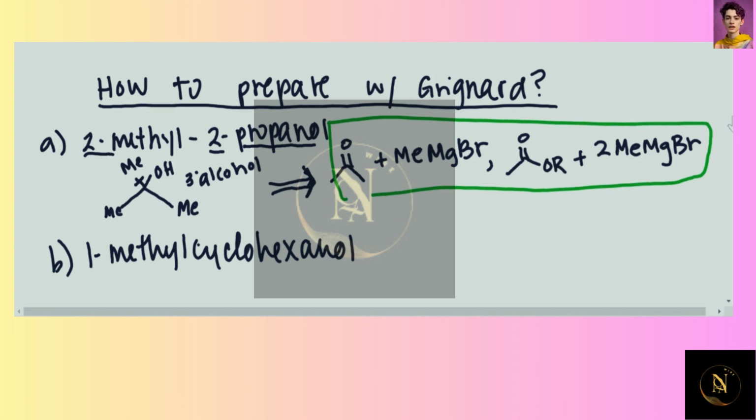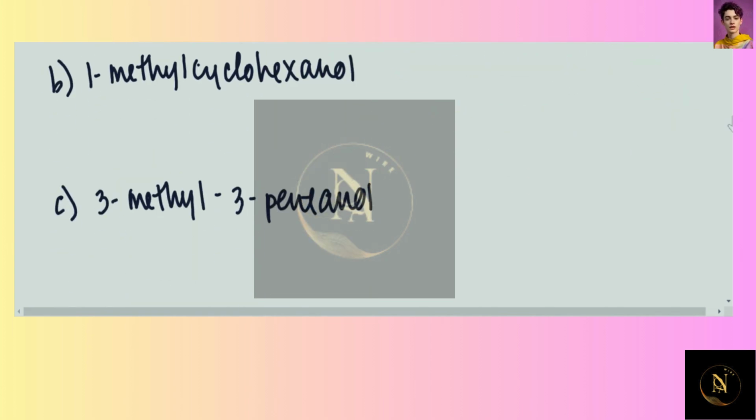So let's move on to B. In B, we have 1-methyl cyclohexanol. Cyclohexan means a 6-membered ring, ol means alcohol, and 1-methyl means we have a methyl substituent in the 1 position.